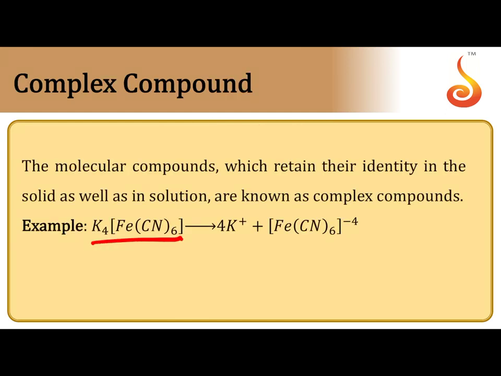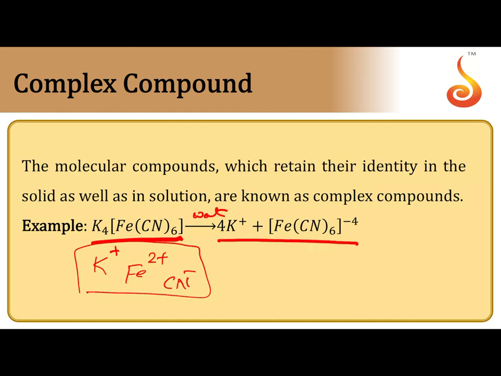Complex salt, example potassium ferrocyanide. In potassium ferrocyanide there are three types of ions in the solid state: K+, Fe2+ and CN-. When this is dissolved in excess water, it undergoes ionization, but it won't give all types of ions. It can give potassium ions and ferrocyanide ions instead of Fe2+ and CN-.